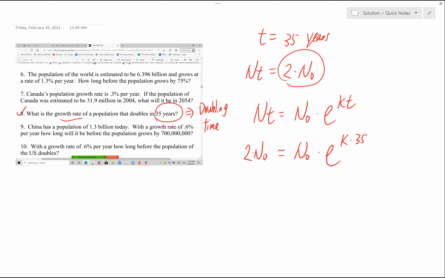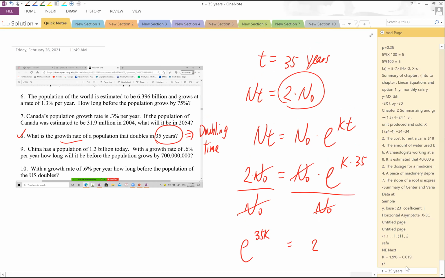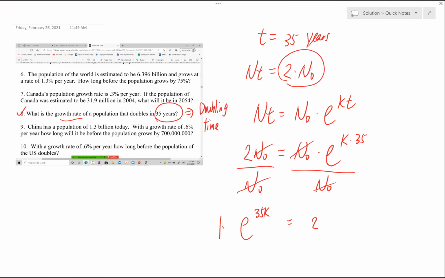Okay. Then the first step, dividing N0 from both sides of the equation. The initial population, cancel N0. So e to the 35K equals 2. Now from there, we take the ln of both sides of the equation.